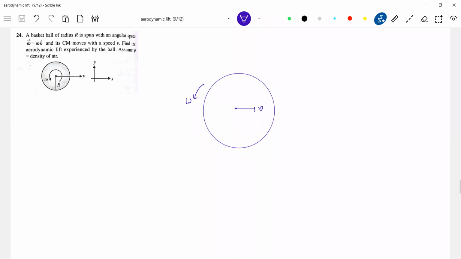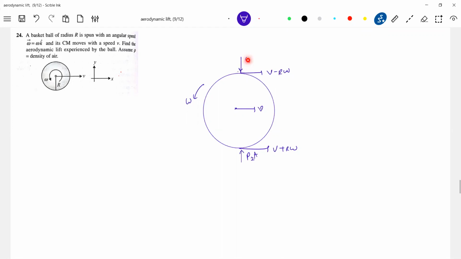Because of the spinning effect, what will be the velocity of this point? V minus r omega. What will be the velocity of this point? V plus r omega, for rolling motion. Now the air will be retarded, retarded more. So it will exert a force here, P2 into A. Here the air will be retarded more.